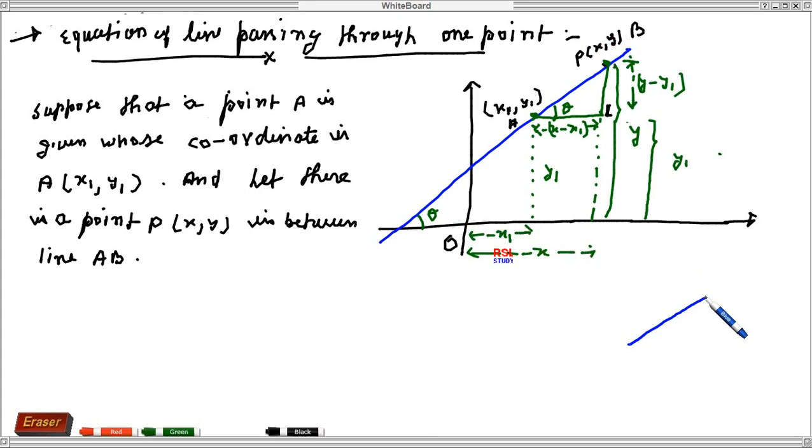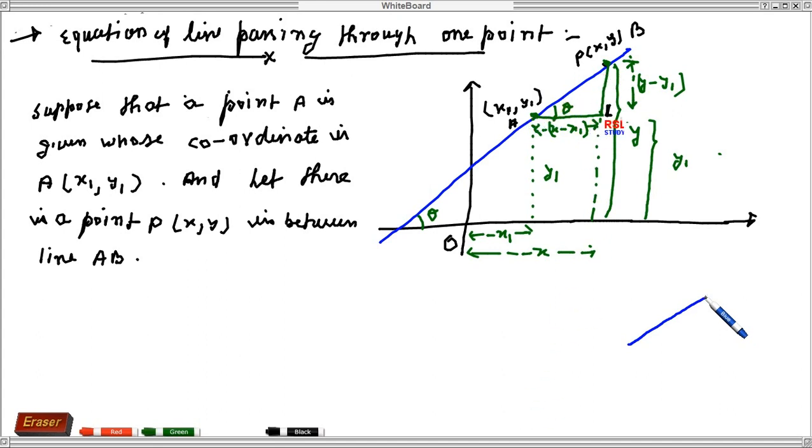Subtracting x1 from x gives x minus x1, and subtracting y1 from y gives y minus y1. This length is equal and parallel to that length, so it is x minus x1.